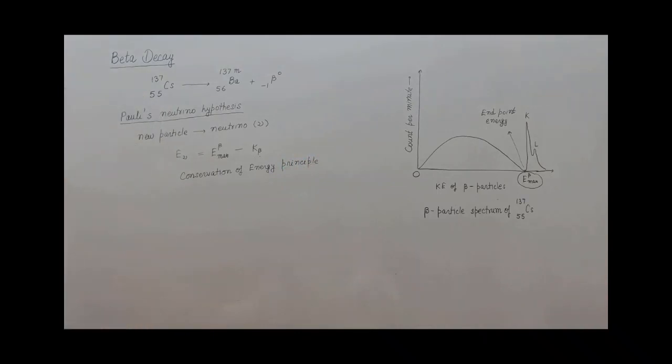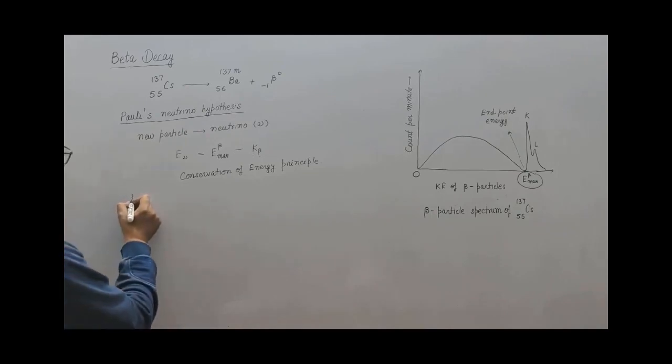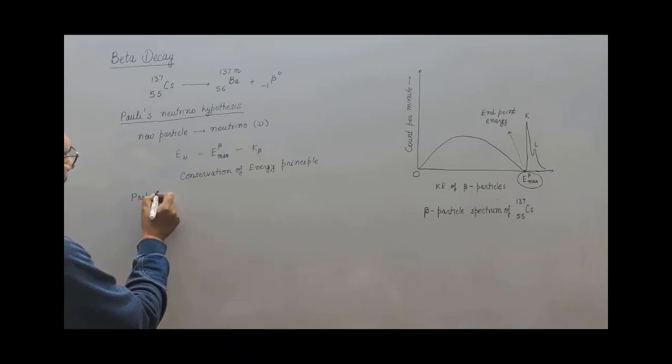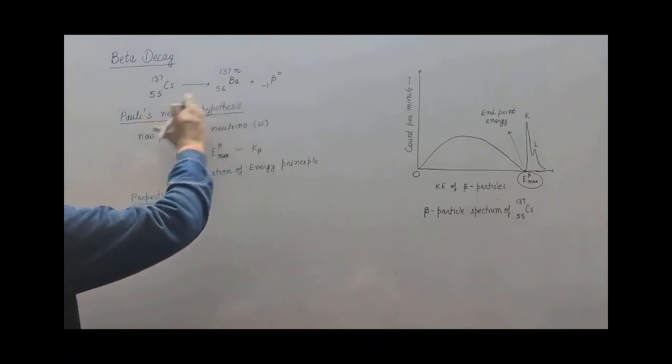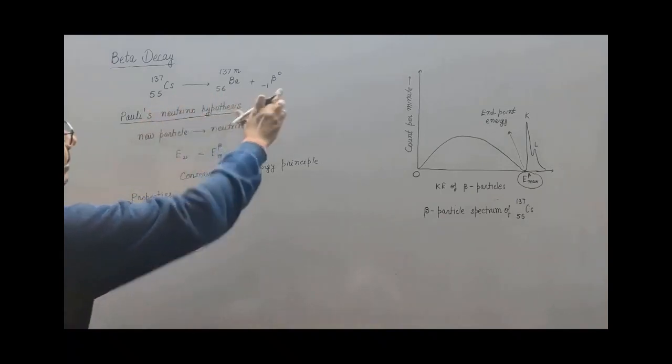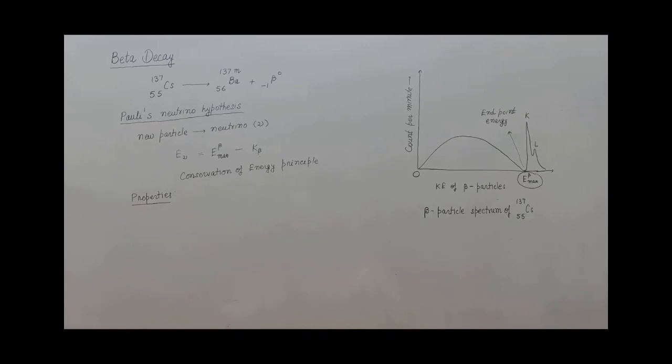If this particle is emitted along with this beta particle, then what other properties must this neutrino have? If you observe this equation, charge is satisfied throughout the equation.